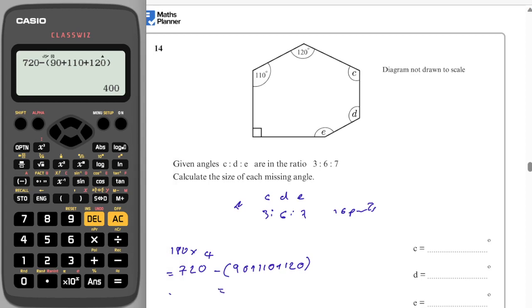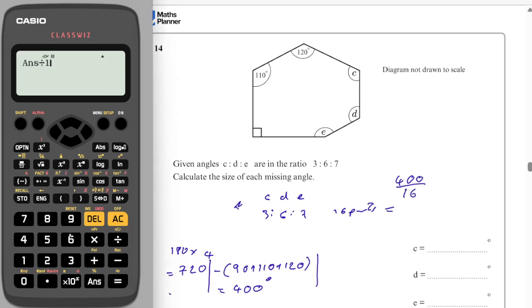I've not set that out very well, actually. Okay, so I want to split that between 16 parts. So if I do 400 divided by 16, it's going to give me 25. So I need to multiply each of these by 25.